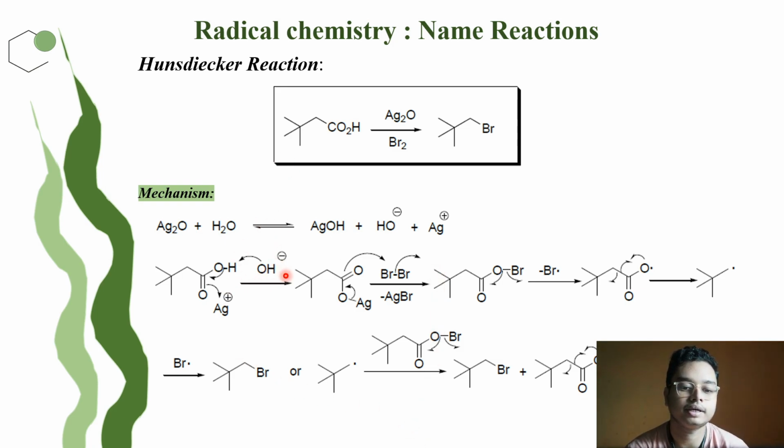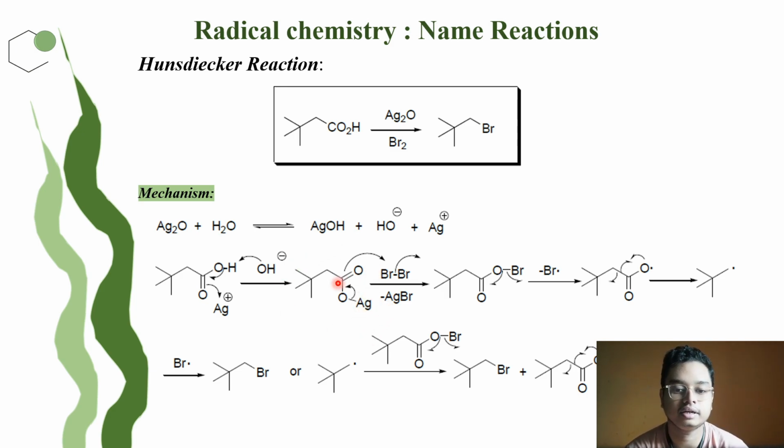Here, this OH minus will grab this particular H, because this H is acidic enough, and this negative charge will rearrange, or we can say undergo a resonating pathway, to generate this type of intermediate.